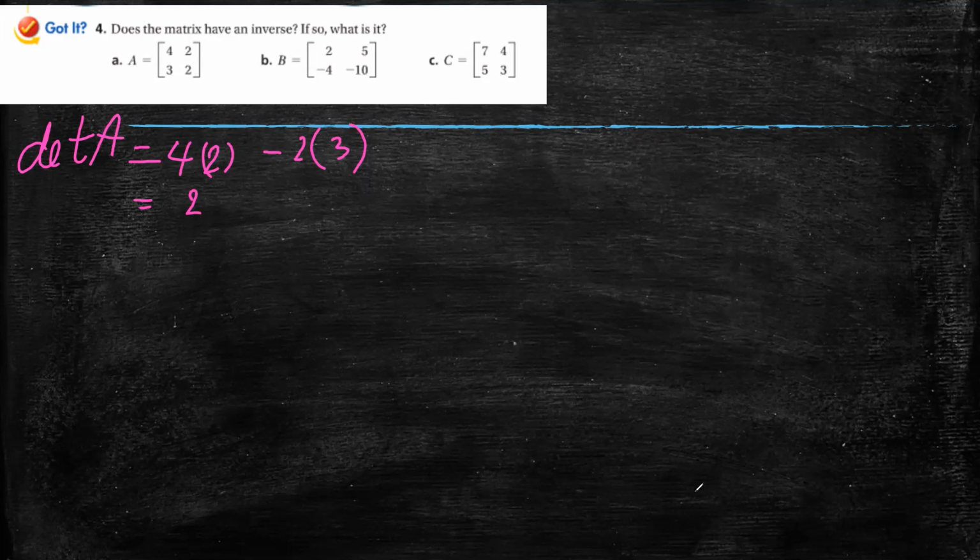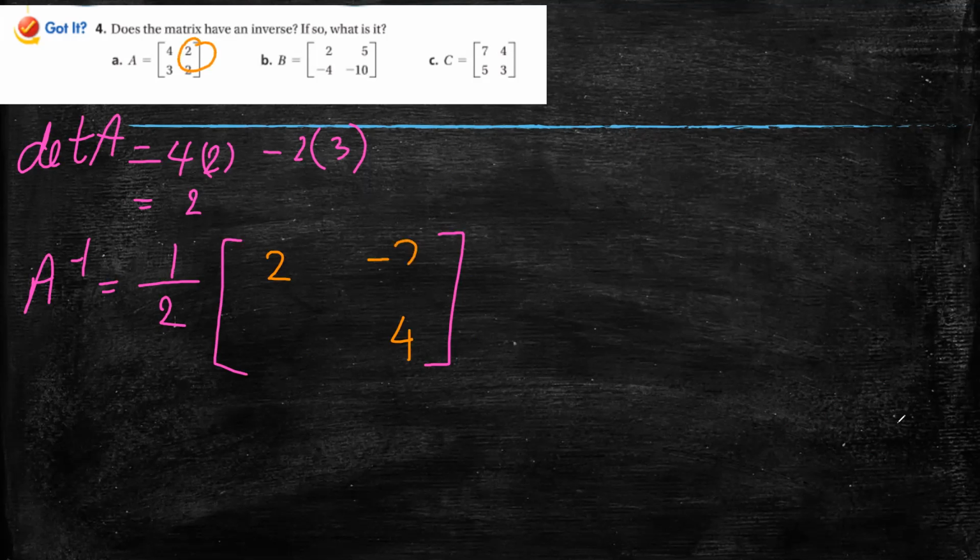Then A inverse will be 1 over the determinant. Then let's write our matrix. Here I have 4 and 2. Change the order. Then the opposite of 2 is negative 2, and the opposite of 3 is negative 3. Then what we have to do here now? Here you have a half.